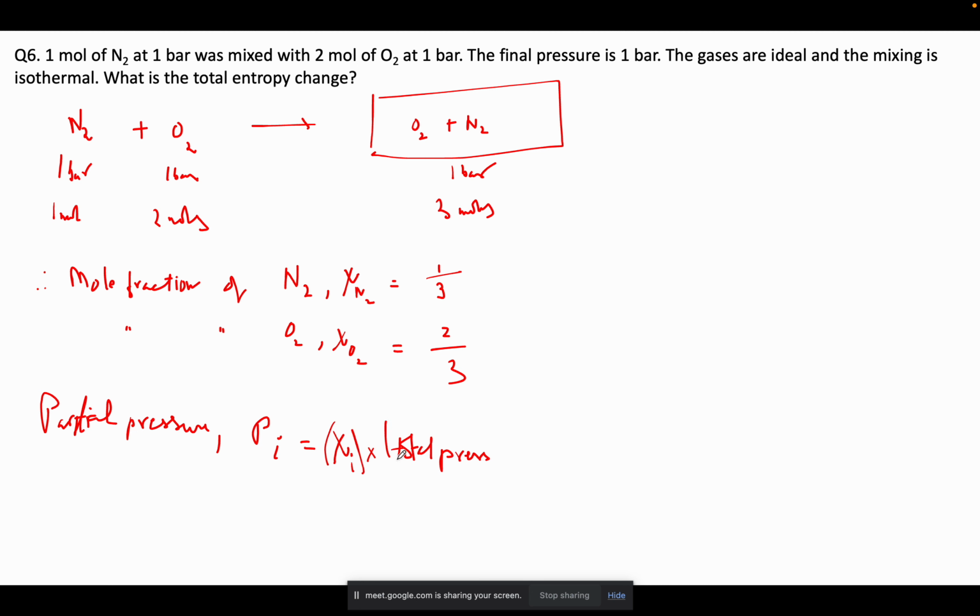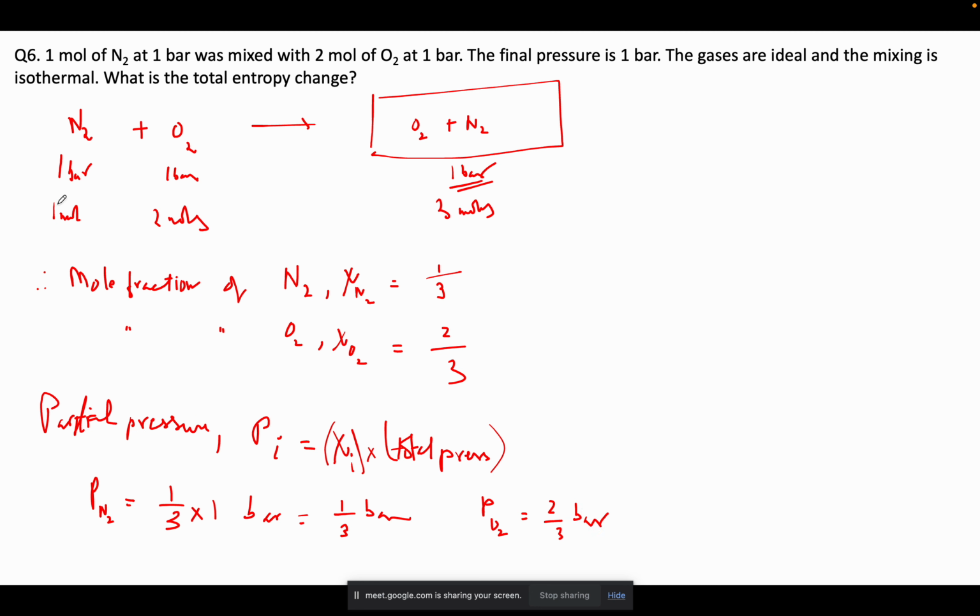So the partial pressure for a particular element i in a mixture is the mole fraction of that element into the total pressure. What is the total pressure here? 1 bar. So the partial pressure for nitrogen is 1 by 3 into 1 bar, that is 1 by 3 bar. Similarly, the partial pressure of oxygen is 2 by 3 bar.